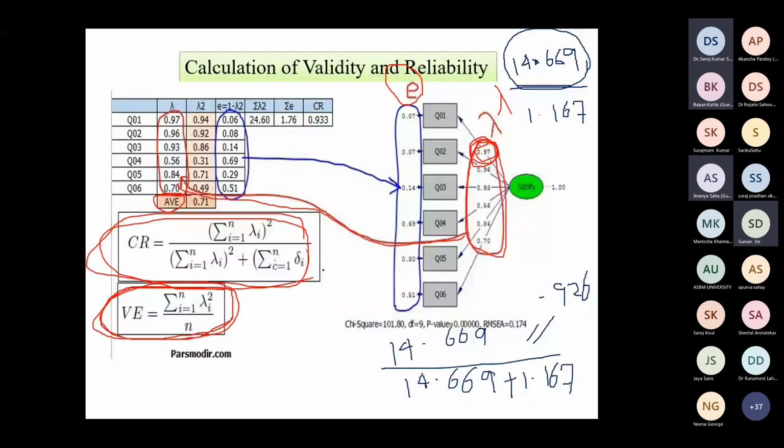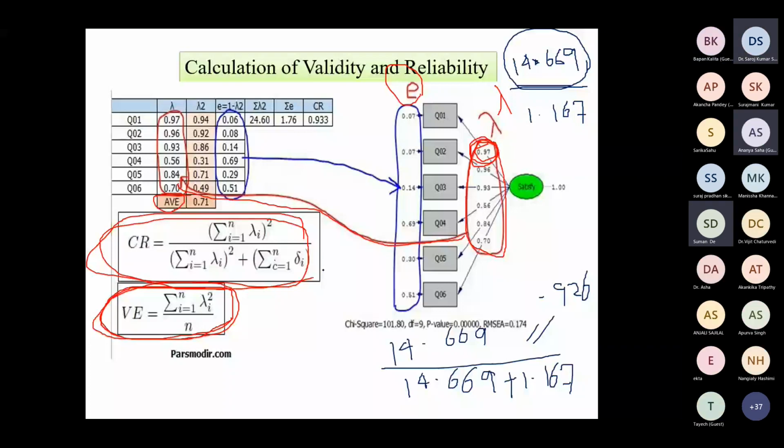Composite reliability is equal to the square of the summation of standardized regression weights divided by the square of the summation of standardized regression weights plus the summation of error. This is composite reliability. It is 0.906. Anyway, it is above 0.9.